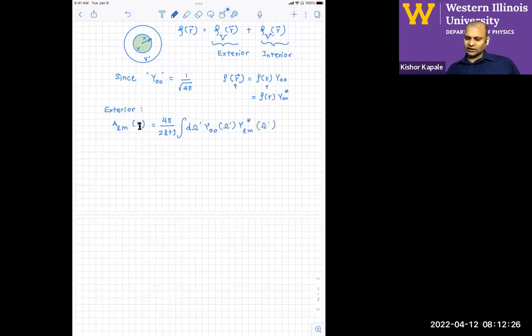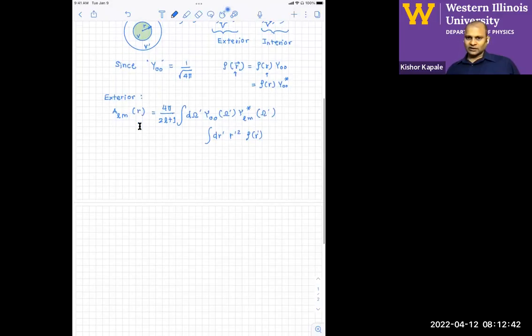Okay, so that's just the angular integrals, the solid angle dΩ, so it's sine theta d theta d phi. And then the radial integral would be dr' r' squared rho of r'. Right? So that's just the radial integral that you have.